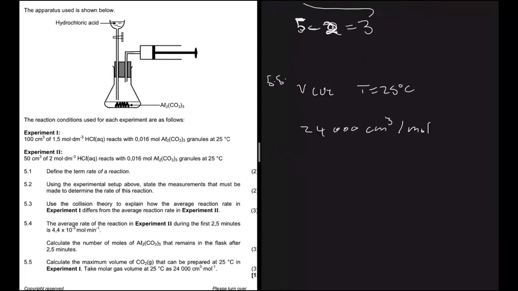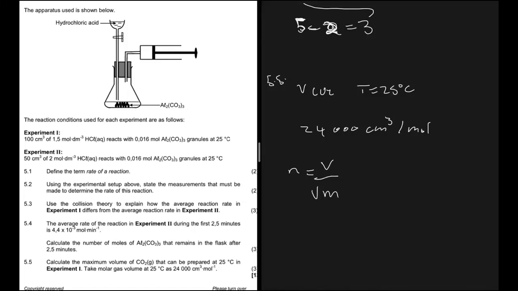Okay, we know that the number of moles can also be given by the volume divided by the molar gas volume. So that is n equals V divided by Vm.